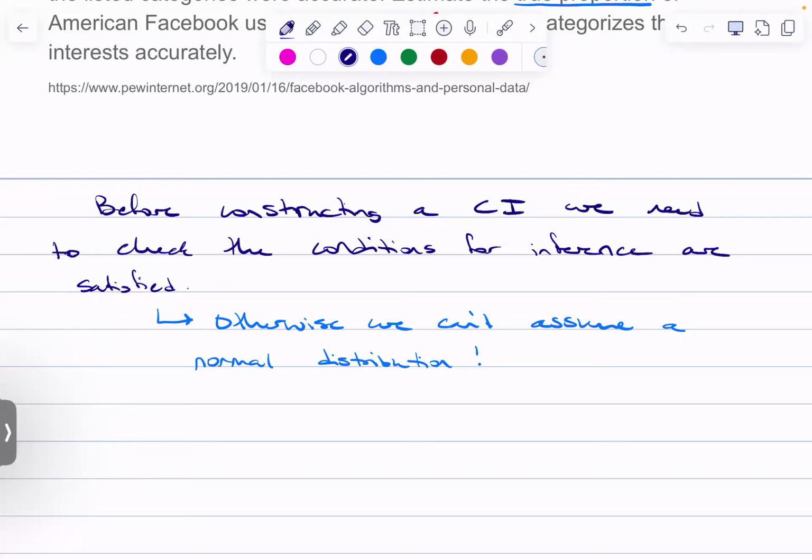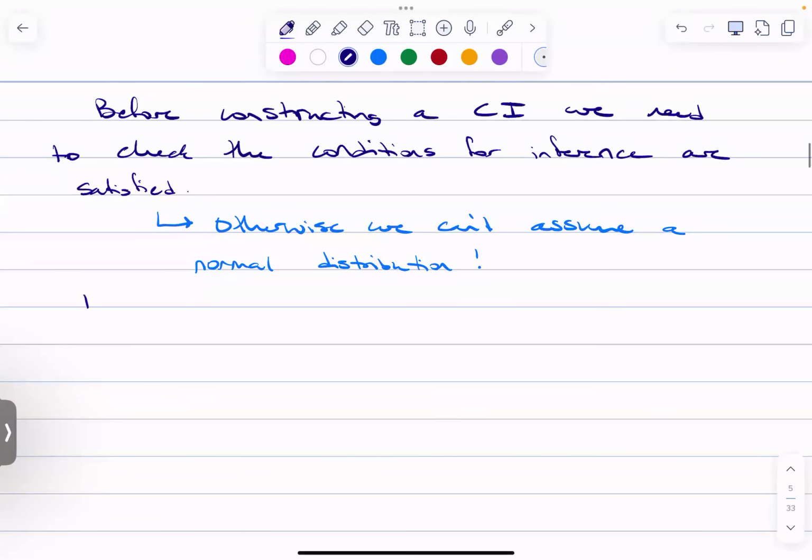There are kind of two main categories for the conditions. First there's the independence condition, which we usually, as long as we have a randomly selected sample, can assume that these observations are independent of each other.